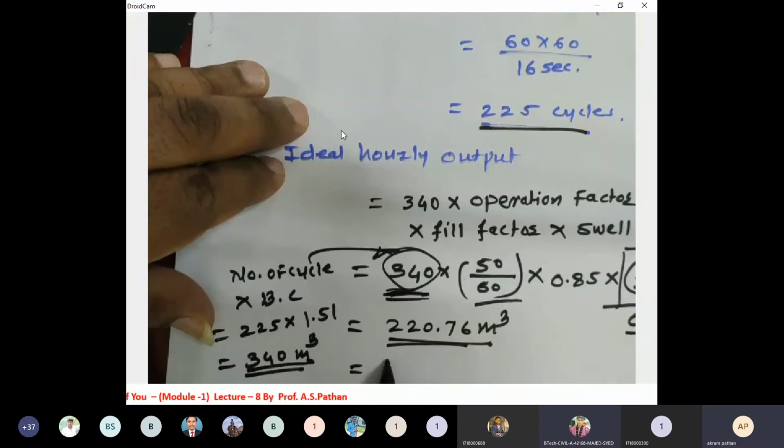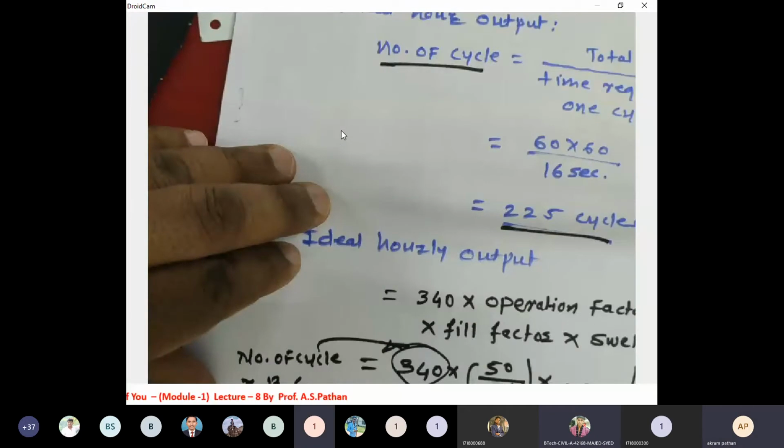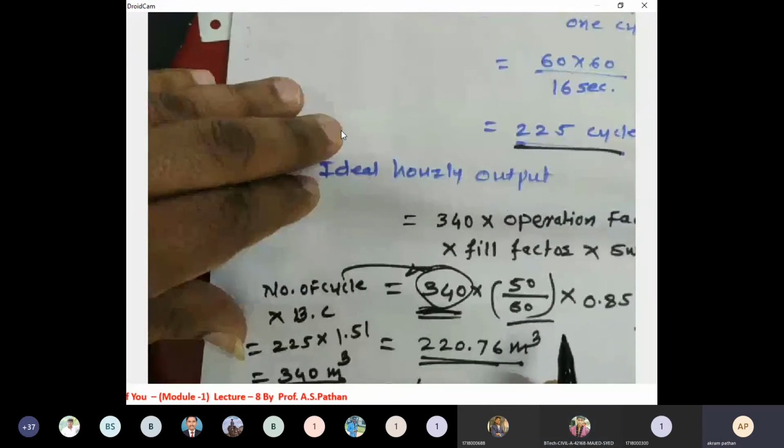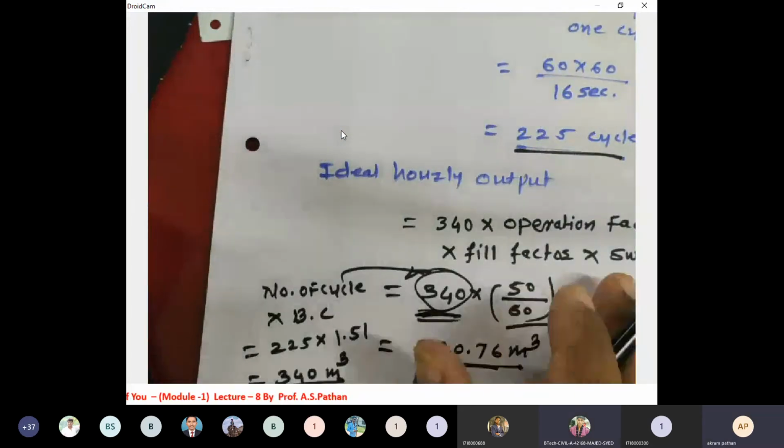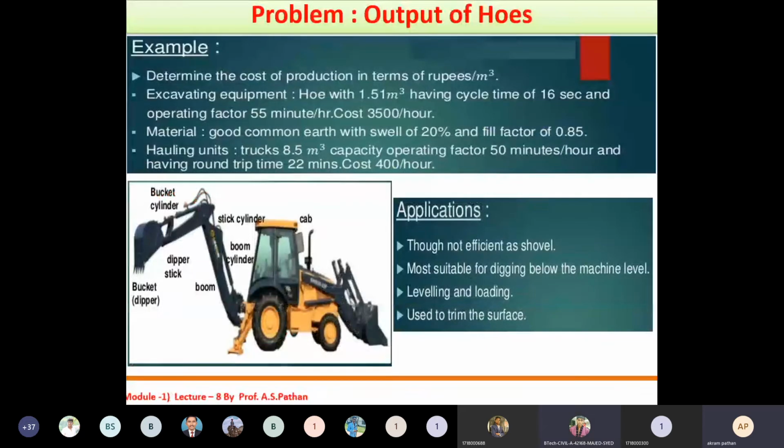Yes, sir. Sir, the operation factor should be 55 divided by 60, you have written 50 there. No, this is 50 divided by 60, no? Sir, in the given data, how much is it given? 55. Let me check.